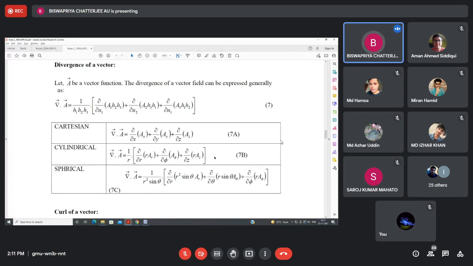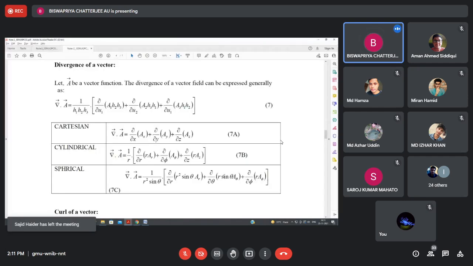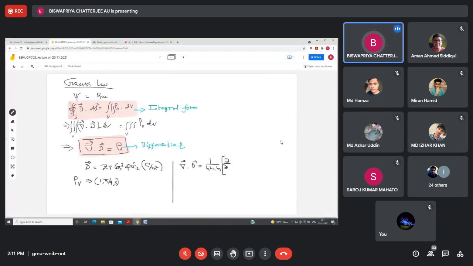You know this formula: 1 upon h1 h2 h3, then a square bracket starts, del del u1 of a1 h2 h3, plus del del u2 of a2 h3 h1, plus del del u3 of a3 h1 h2. Square bracket ends.